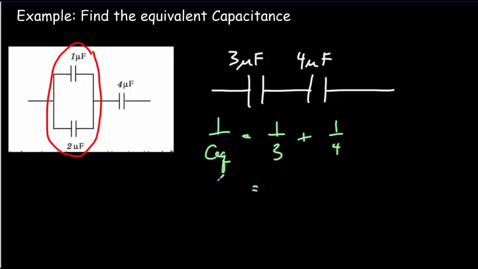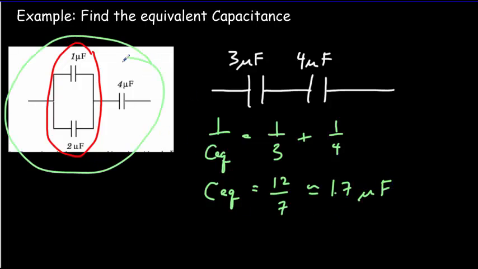Get a common denominator. You should get that the equivalent capacitance is equal to 12 divided by 7, which is approximately 1.7 microfarads. So this network can be replaced by a 1.7 microfarad capacitance such that the same voltage would produce the same charge.